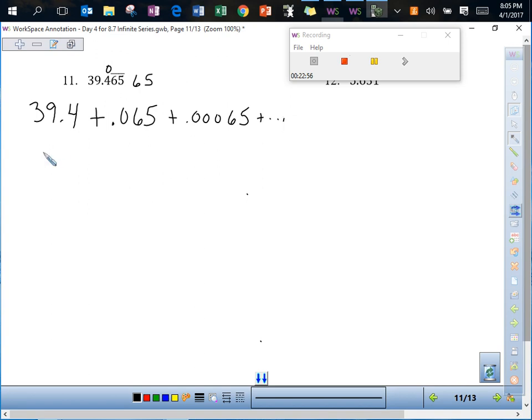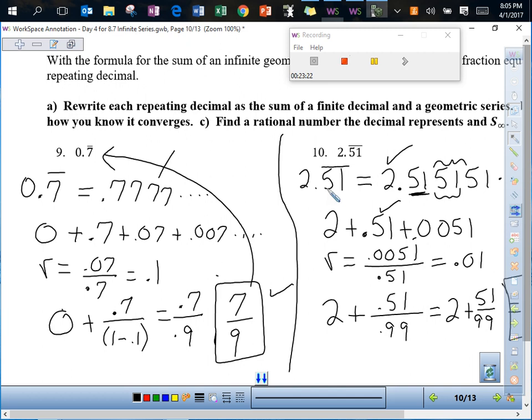Why did I do that? I need my R value. So I'm going to go 0.00065 divided by 0.065, and I'm going to get an R value of 0.01. Guys, notice this while I'm here. 2 repeating decimals, my R value is 0.01.